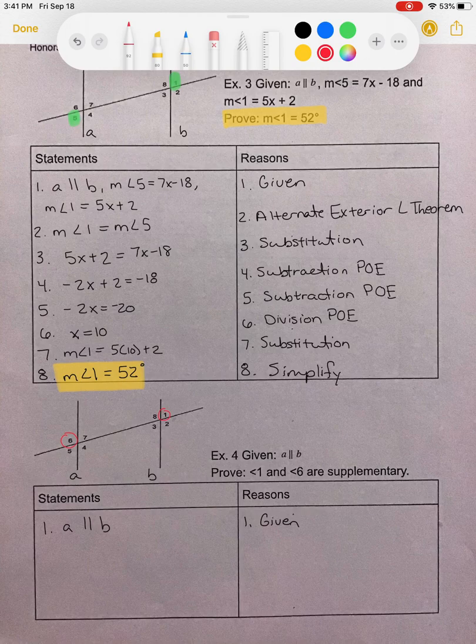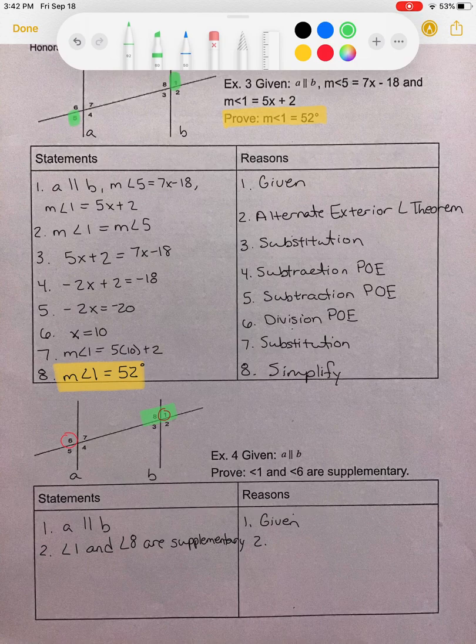So I'm going to start, let's say, with 1 and 8. I don't know, I'm just going to pick one. Why could you know that angle 1 and angle 8 are supplementary? Well, in this picture, 1 and 8 make a straight line.